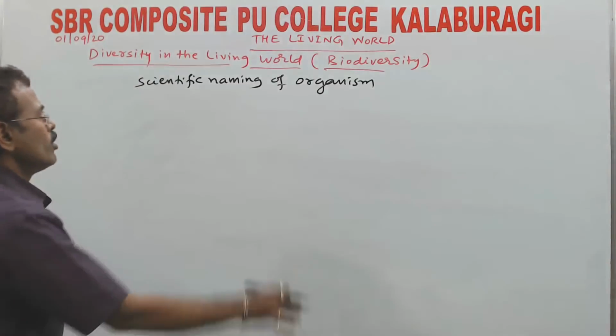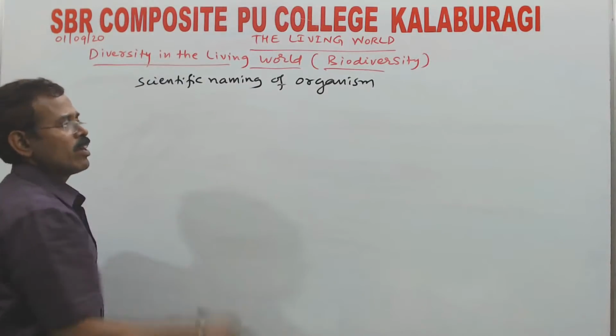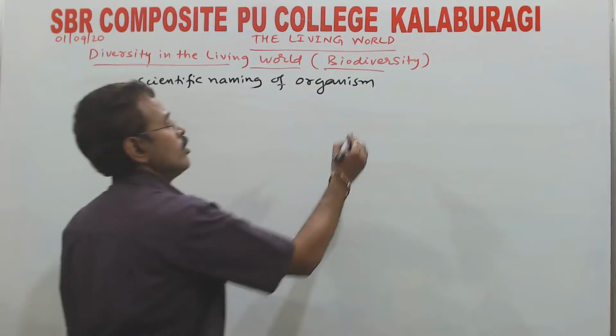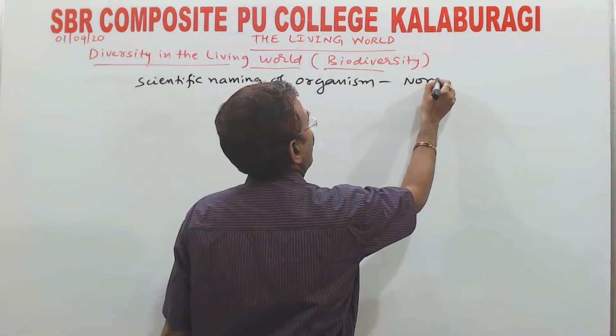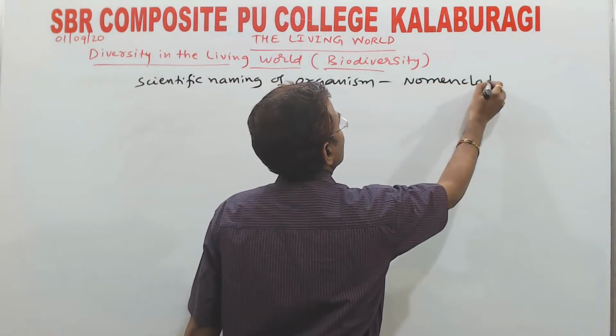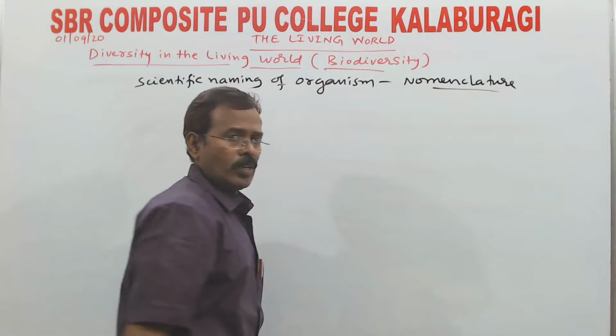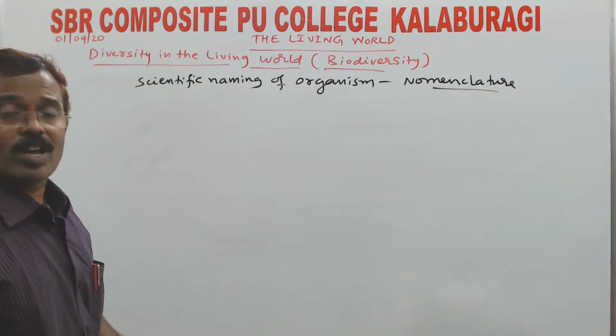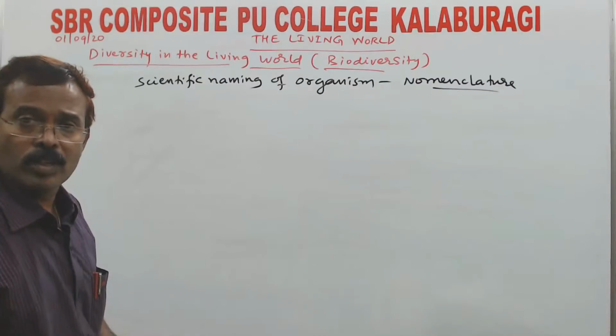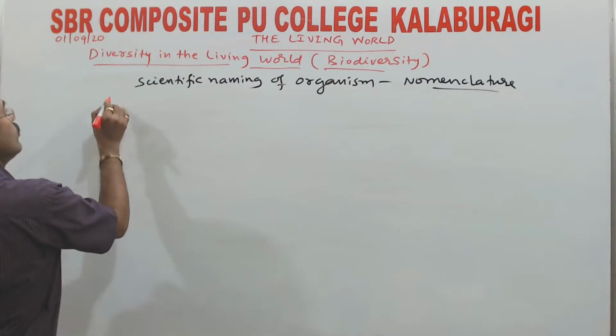So we have to give the scientific name, scientific naming of organisms. Okay, that is nomenclature. So what kind of nomenclature are we following in order to name the organism?